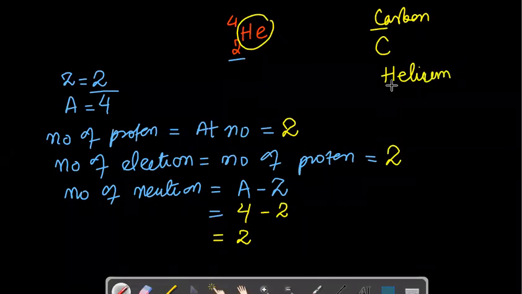Helium has a symbol made up of the very first two letters of its name. Similarly, xenon has the symbol Xe. So you have to memorize the symbols. Normally, they are the initial letters of that particular element. Okay.